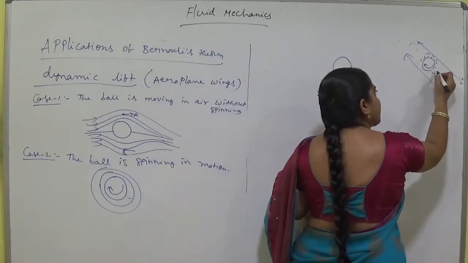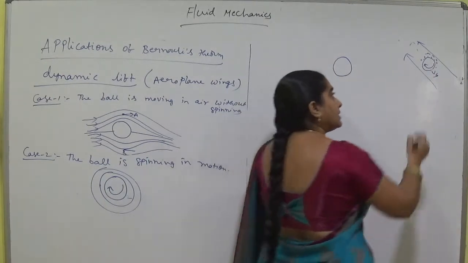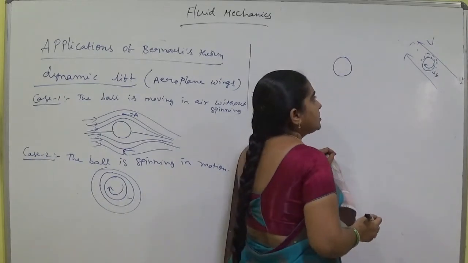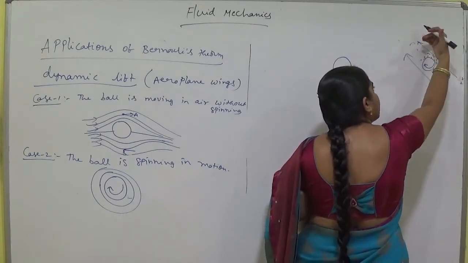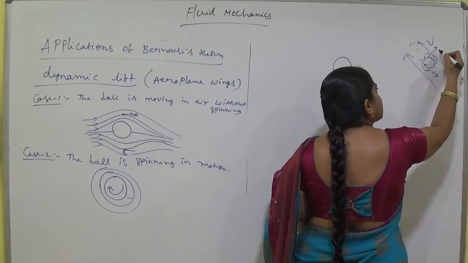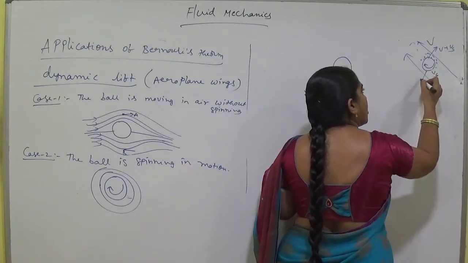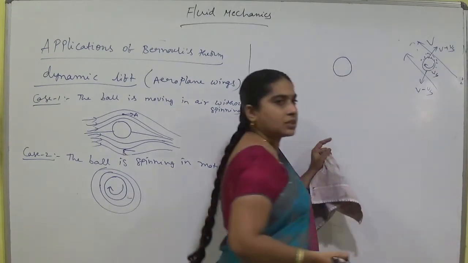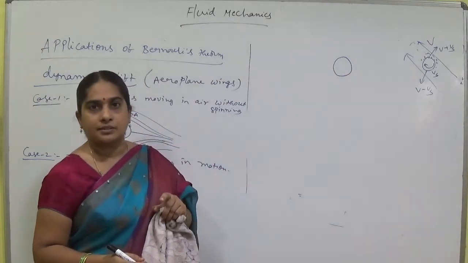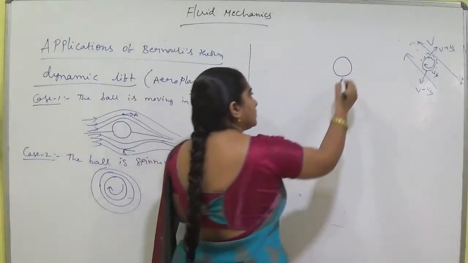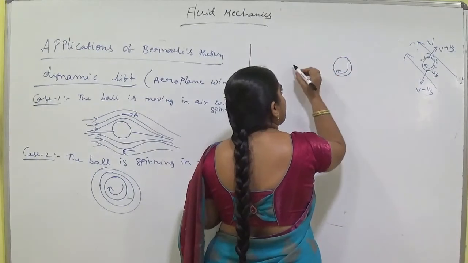This velocity is Vs and this velocity is V. So the velocity at the upper surface of the ball is V plus Vs, and at the lower surface of the ball it is V minus Vs. The ball moves in this direction.